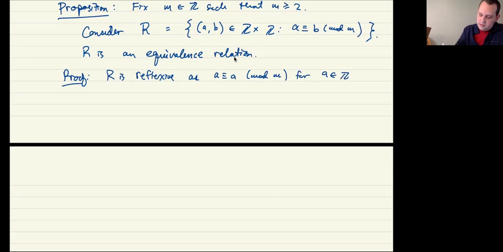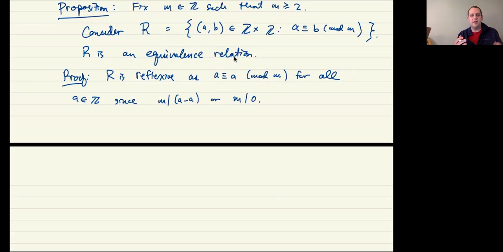So for all integers A, since m divides A minus A, or m divides 0, right? We know that every integer divides 0, in particular m divides 0. And if it divides 0, it divides A minus A, that means that A is related to A for all A. So R is reflexive.